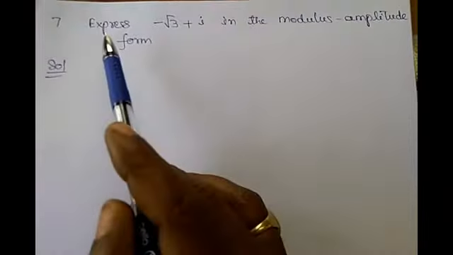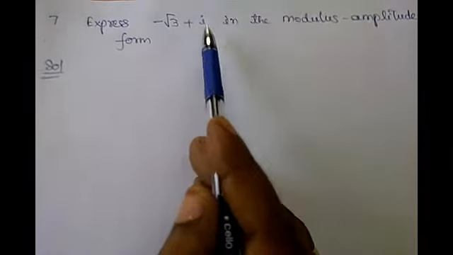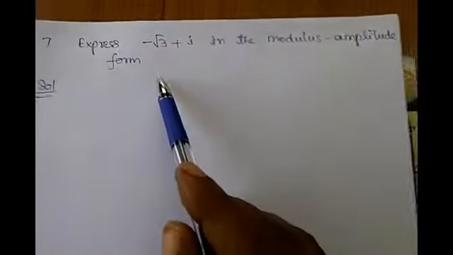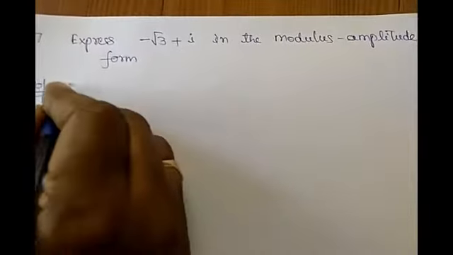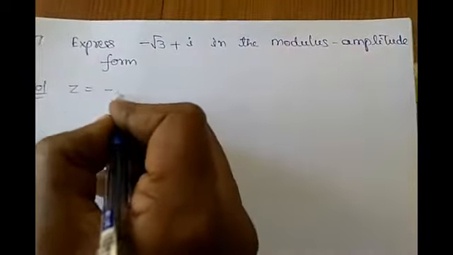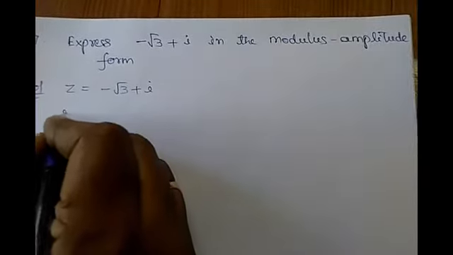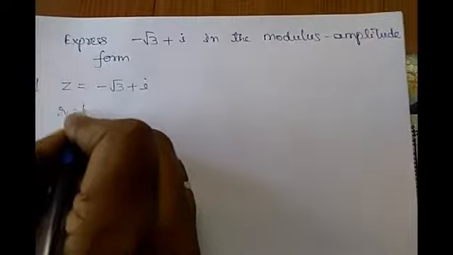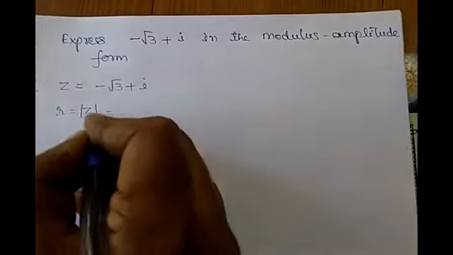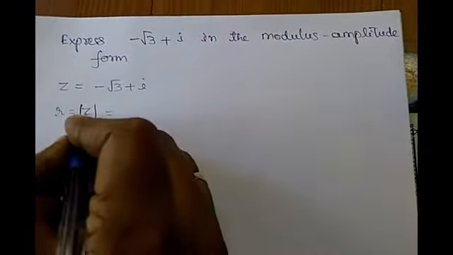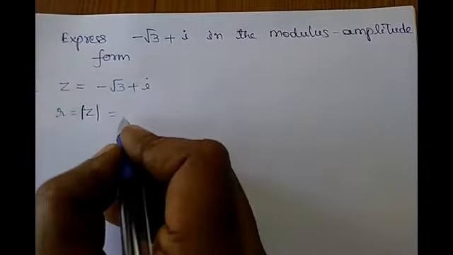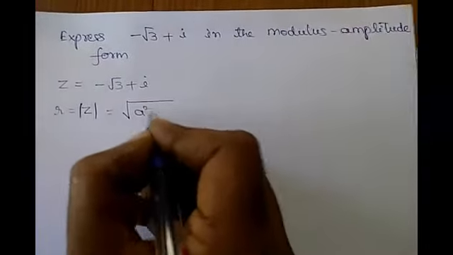The next problem is: express minus root 3 plus i in the modulus amplitude form. Now let Z equal to minus root 3 plus i. First we have to find the modulus of Z to write in the polar form. Modulus of Z equal to square root of A square plus B square.